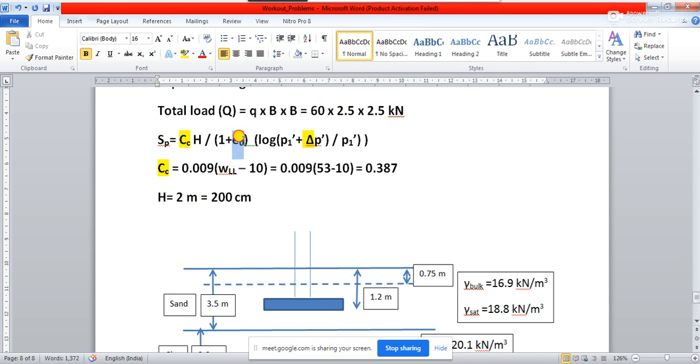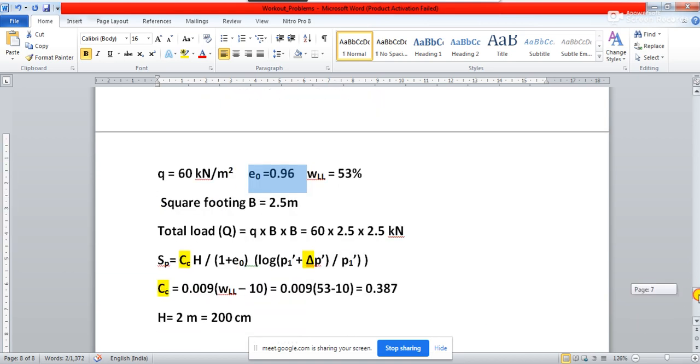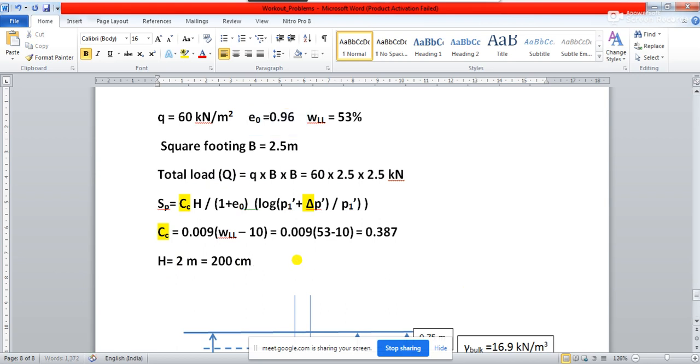What is the value of E naught? E naught we already know from the problem. So the value of E naught is nothing but 0.96. Okay. So we know now CC, we know now H. I am just marking it with yellow. We know now E naught, right?